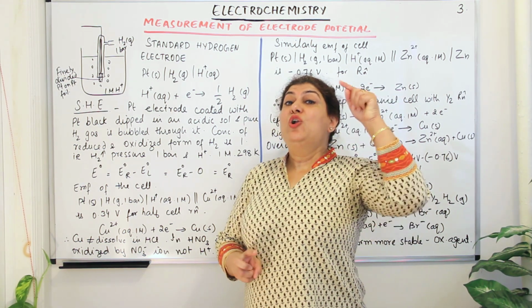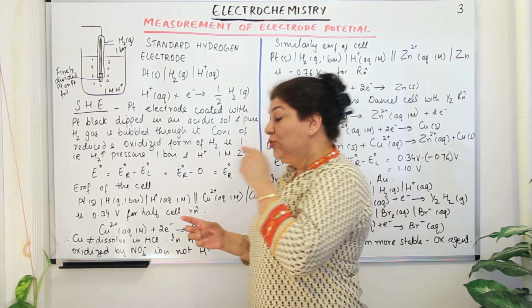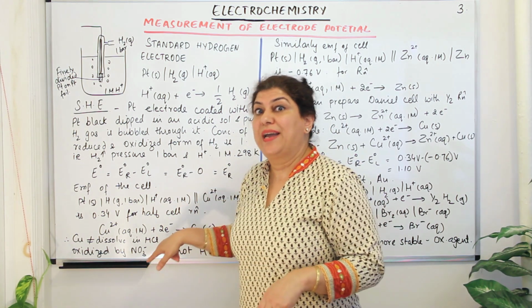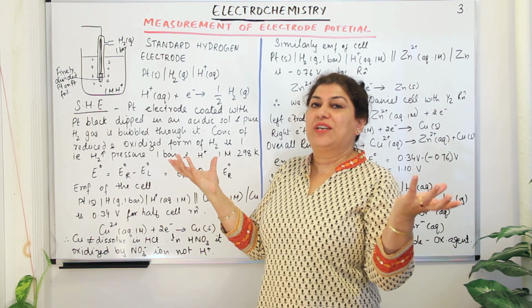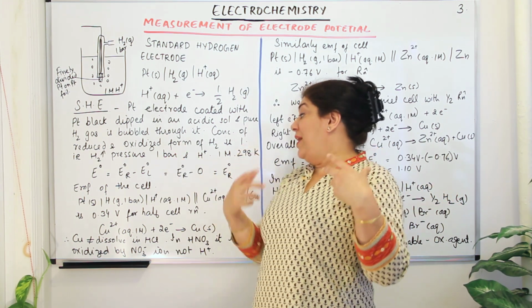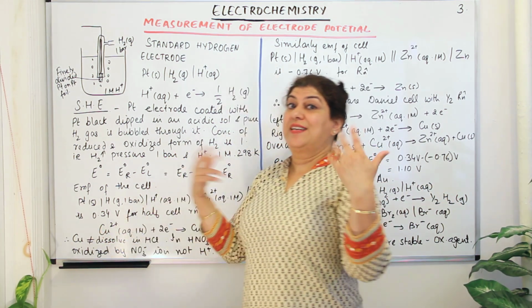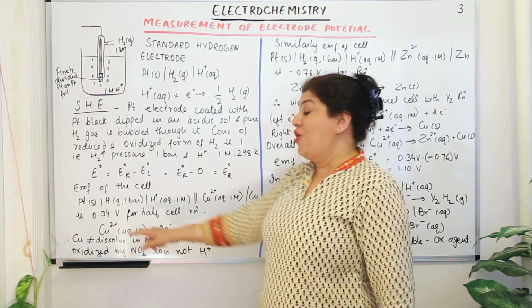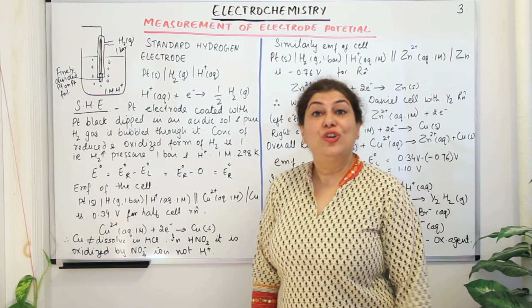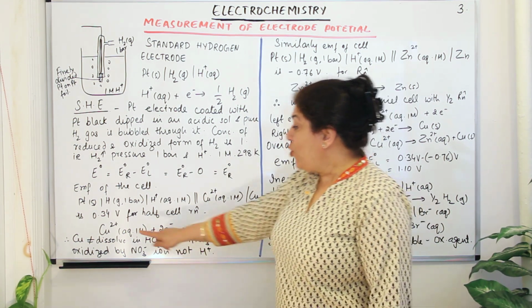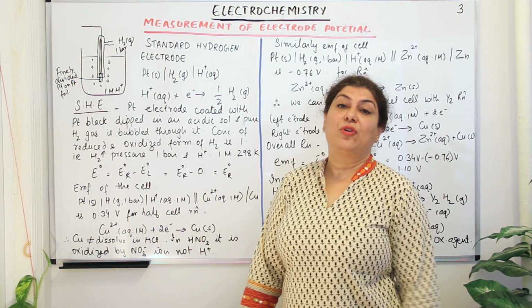It will have to lose 2 electrons and those 2 electrons will have to be taken up by hydrogen. But since hydrogen does not have a tendency to get reduced, rather it is copper which has a tendency to get reduced, copper cannot displace hydrogen from the acidic solution. So, copper cannot dissolve in hydrochloric acid.